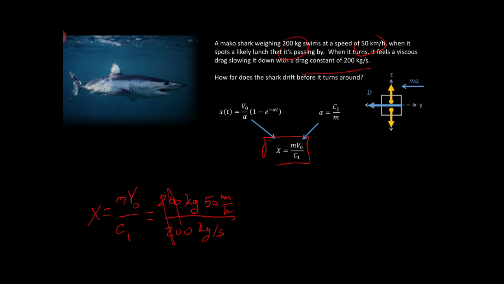First thing I notice is I've got two 200s, so I can get rid of those. I can also get rid of the kilograms. That means I have 50 kilometers seconds per hour. Okay, so that's not so good. So we want to get rid of those seconds per hour. So if we have seconds up top and hours in the bottom, that means I need 1 hour in 3,600 seconds.